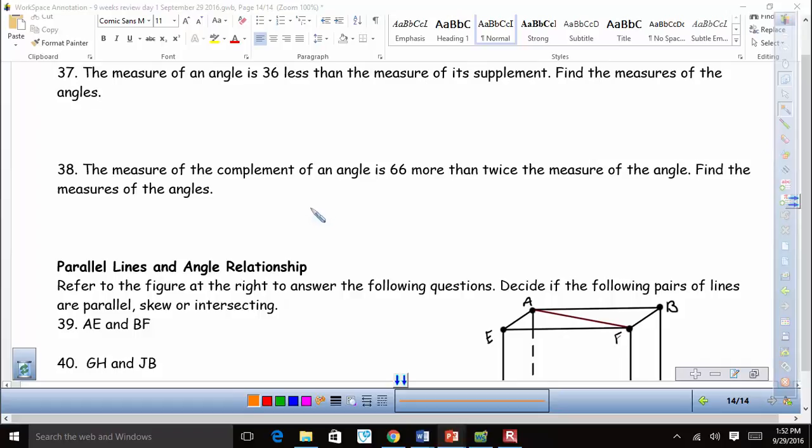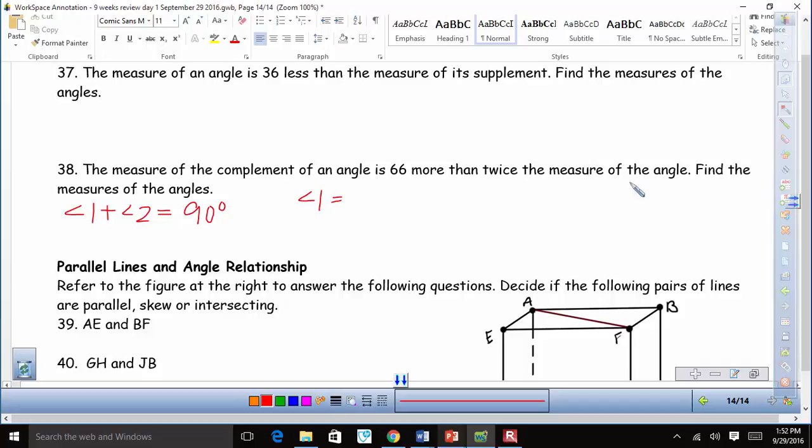Okay? So how many angles are we going to have to add together to get a complement? 2. We're going to have one angle plus the second angle, and that's going to equal, what is the complement? 90. Okay? So it tells me that one of those angles, so we're going to say angle 1, is 66 more than twice the measure of the other angle.